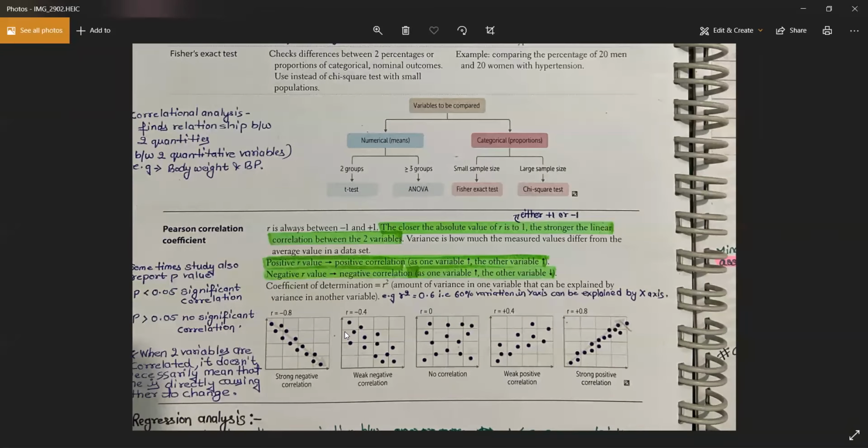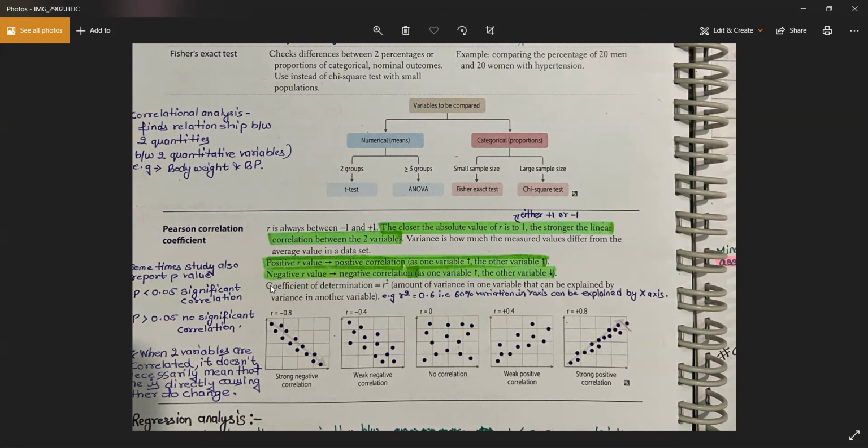A minus means opposite, which means when one enzyme rises, the other enzyme will fall. The value which is closer to 1 has a very strong association.